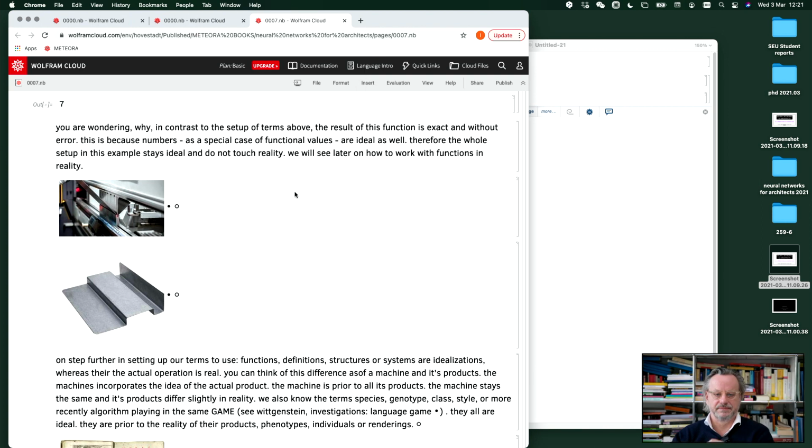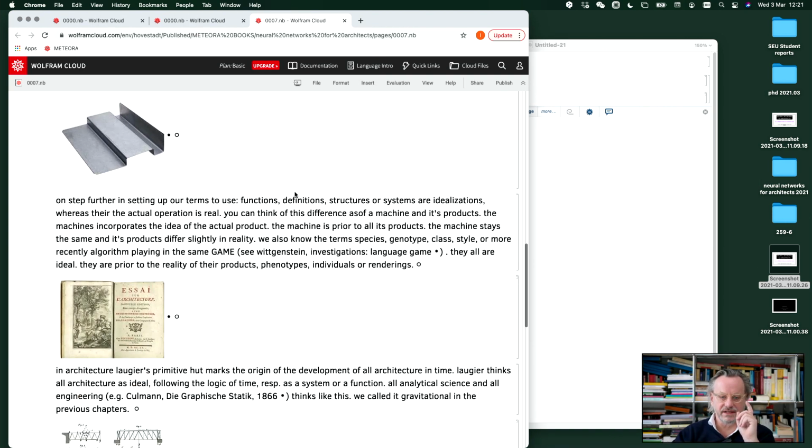Next step. This is a function. So we know this primitive hut of Laugier. And therefore he looks for an origin and time for all architecture. He makes a structure. He makes a system out of it, an ideal of how architecture should be. And the actual building then is a product. And it's good or bad.